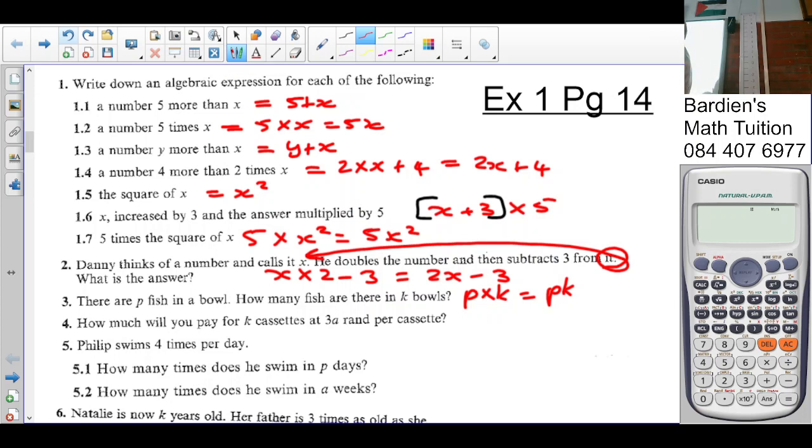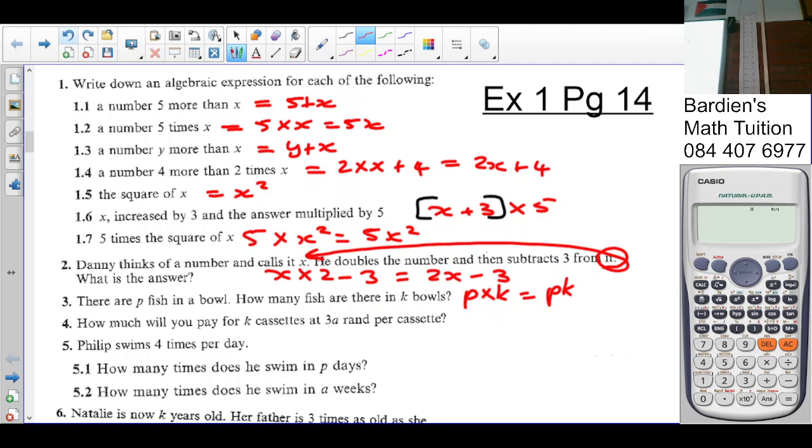You understand? Yes? The question could be replaced. It could have said there are 3 fish in a bowl.